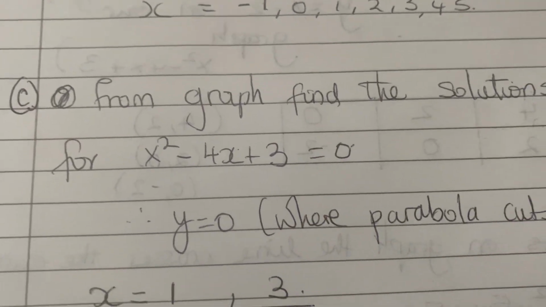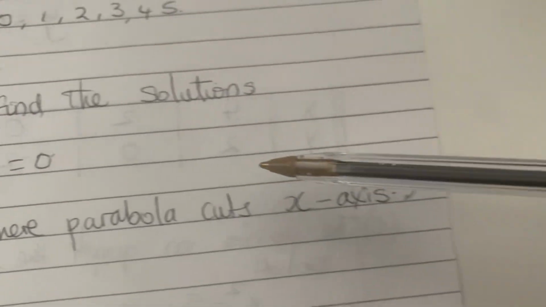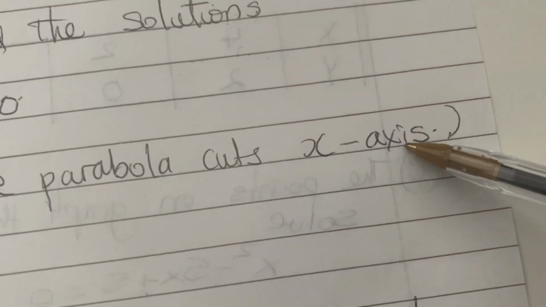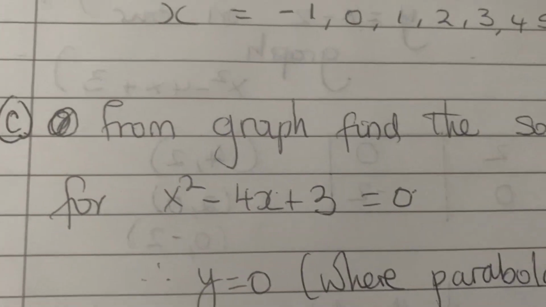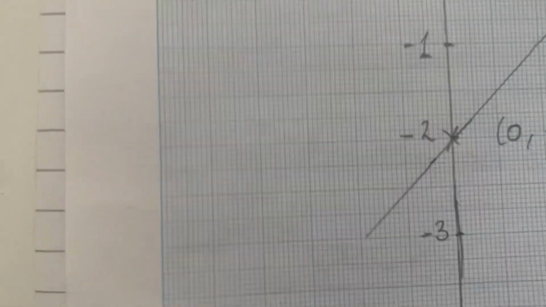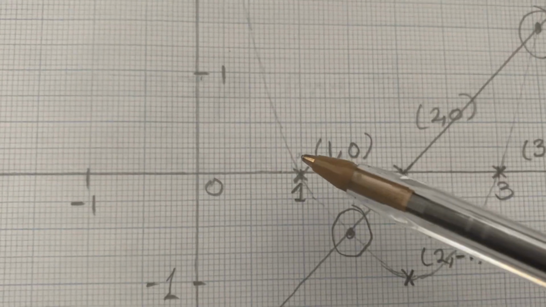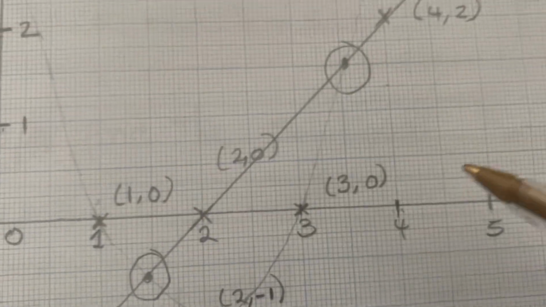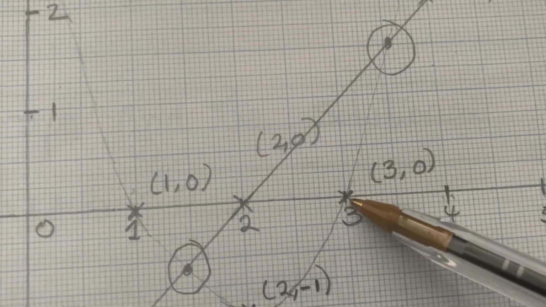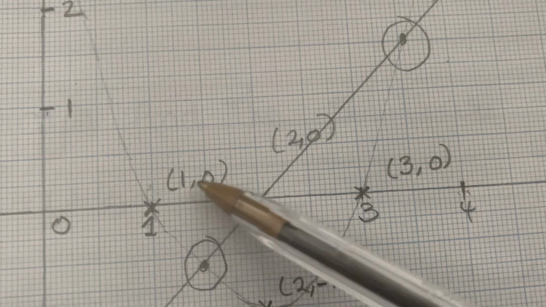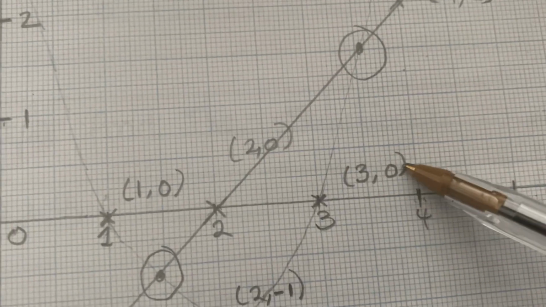So where y is 0, the parabola will cut the x-axis. If you see on the parabola, y is 0 here, and y is 0 there: 1, 0 and 3, 0.